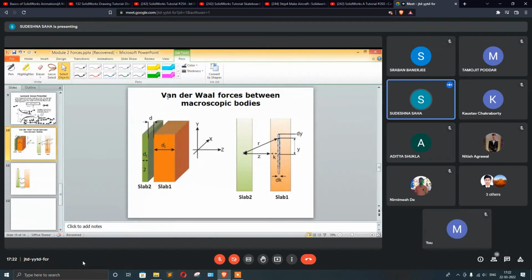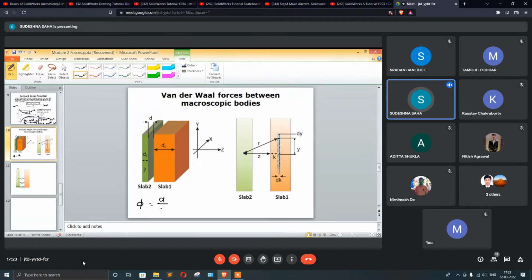Till now we were talking about how the interactions vary for two point charges, or rather two atoms or two molecules, and we talked about the potential as alpha or xi.